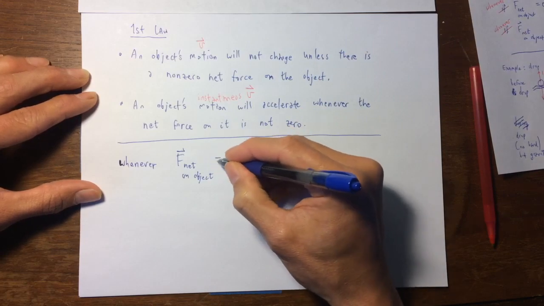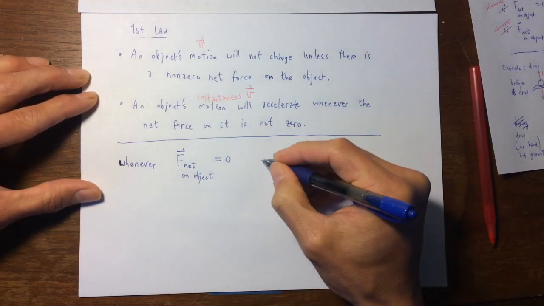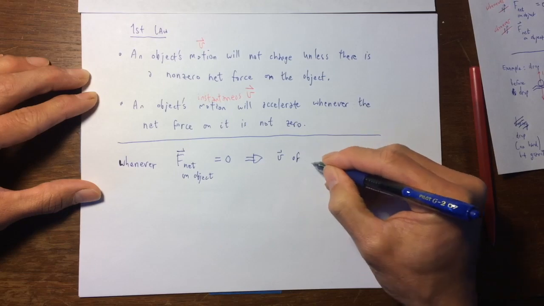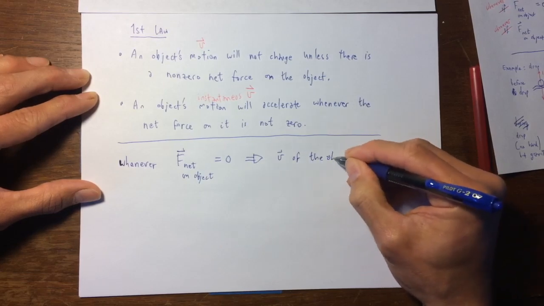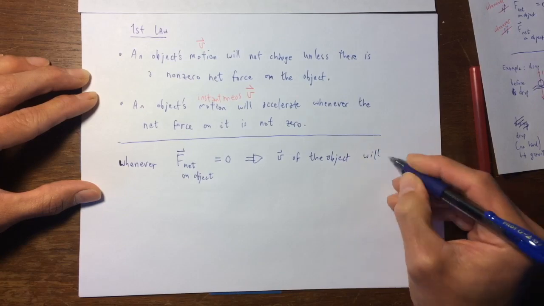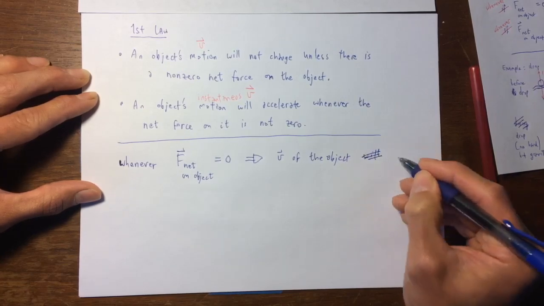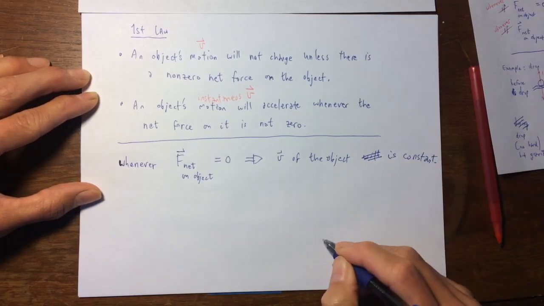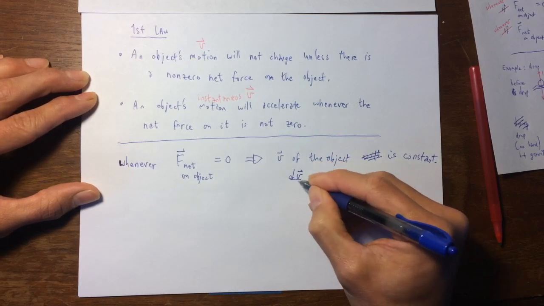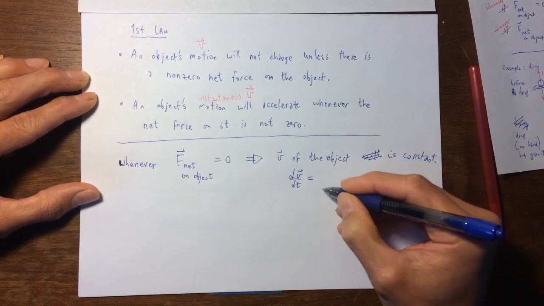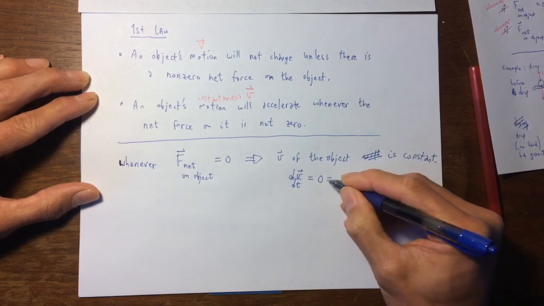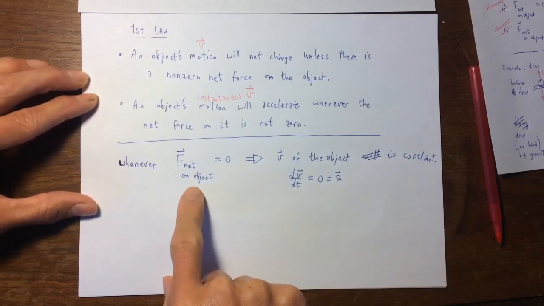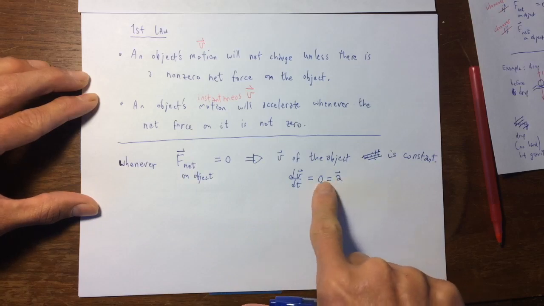Whenever F net on an object is 0, that tells us that the velocity of the object is constant. That is, if I took the time derivative, I will only ever get 0. But remember that the time derivative of the velocity is in fact the acceleration. That is, if F net on the object is 0, then the acceleration is 0.